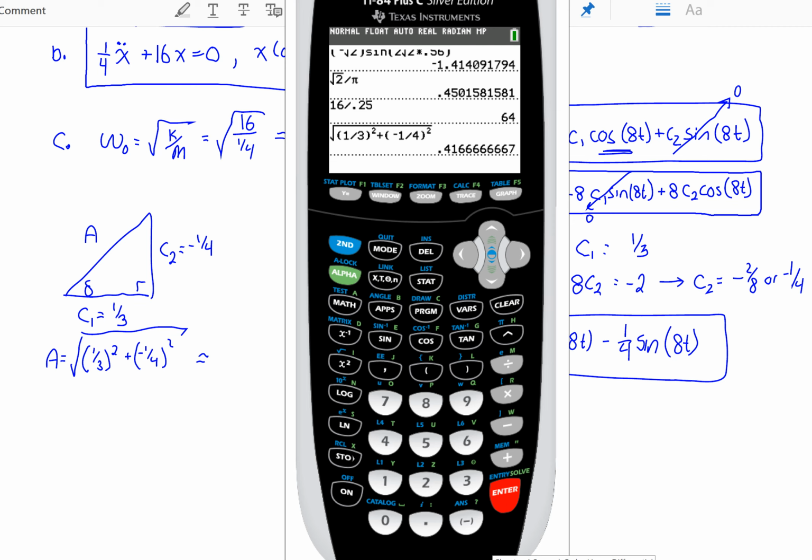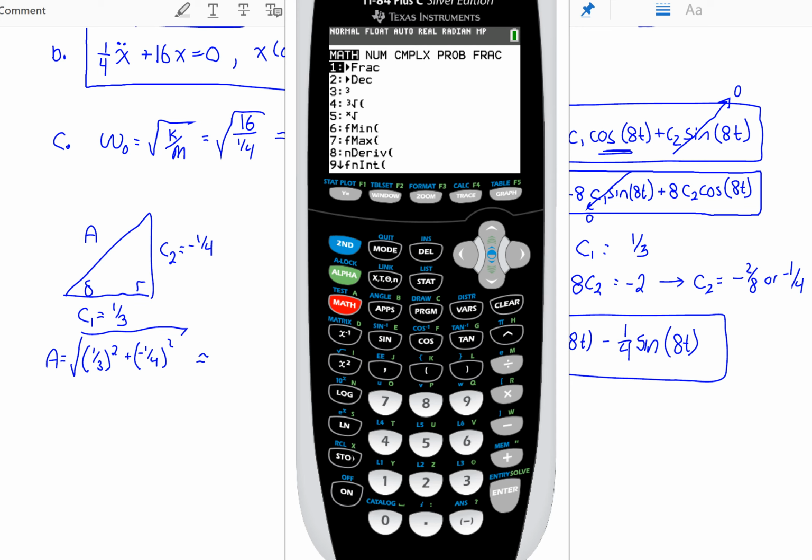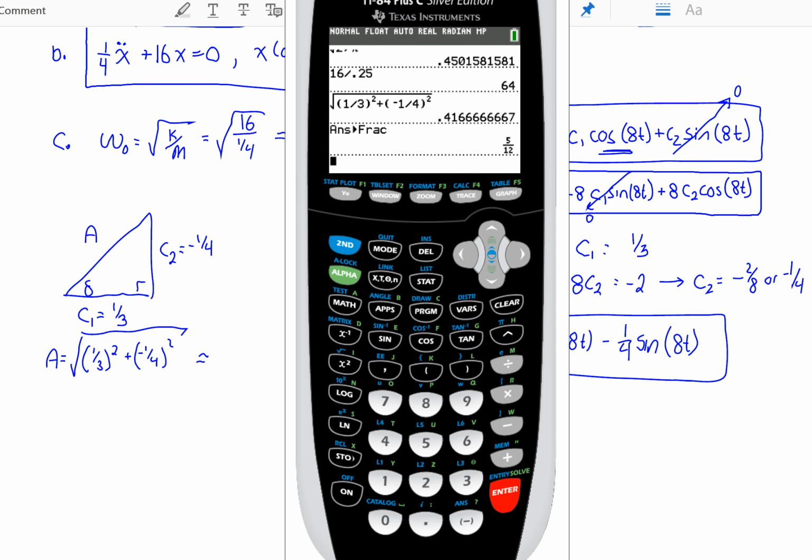And I'm fine with you using a decimal, but I like fractions when possible, so I'm going to convert this to a fraction and write it as 5/12. So this is our amplitude of motion.